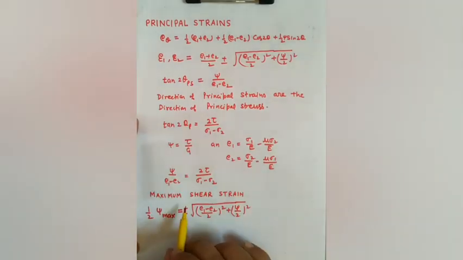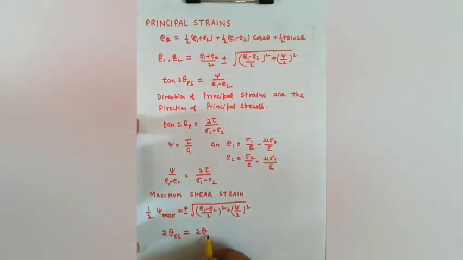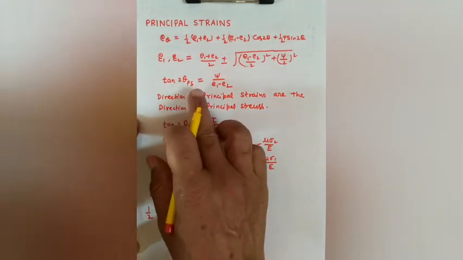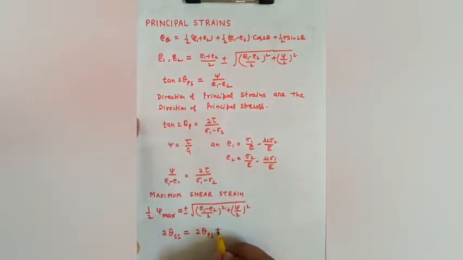And the direction of maximum and minimum shear strains, 2 theta SS, is equal to 2 theta PS, that is the direction of the principal strains, plus minus 90 degrees, or we can say theta SS is equal to theta PS plus minus 45 degrees.